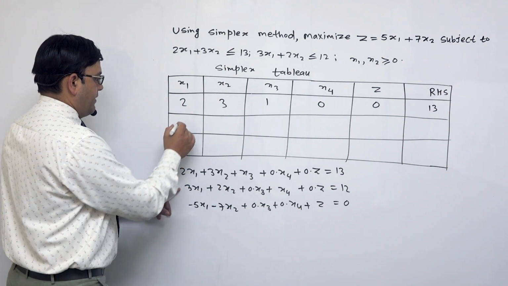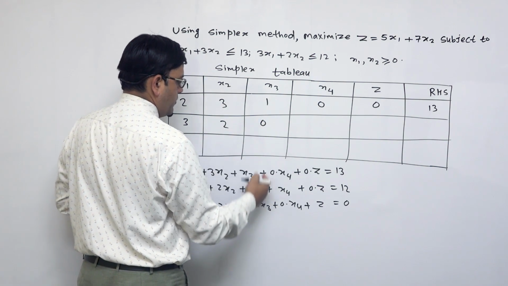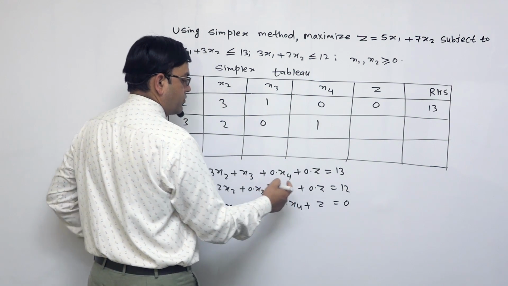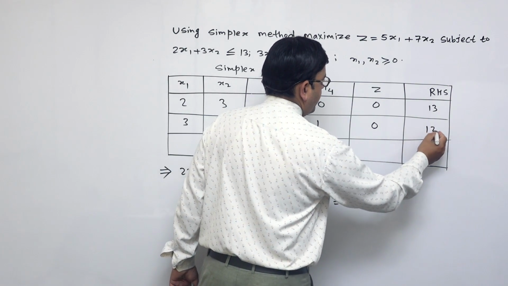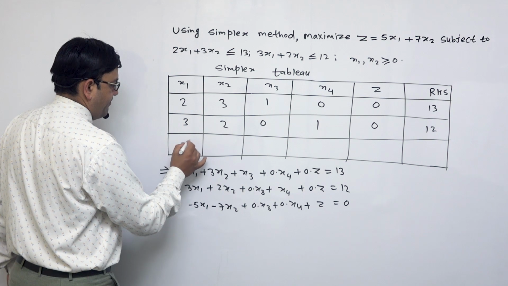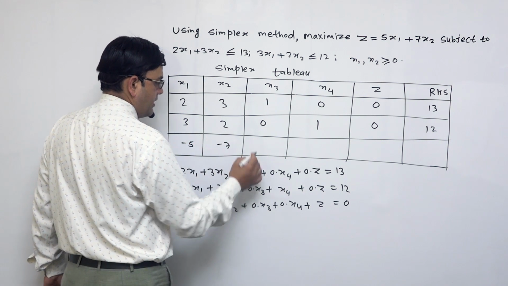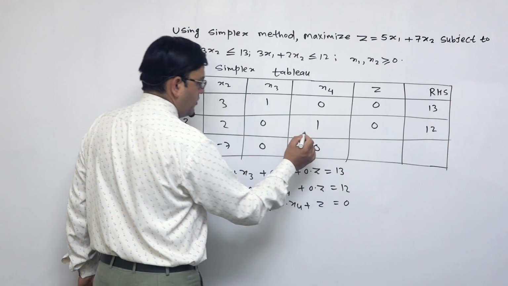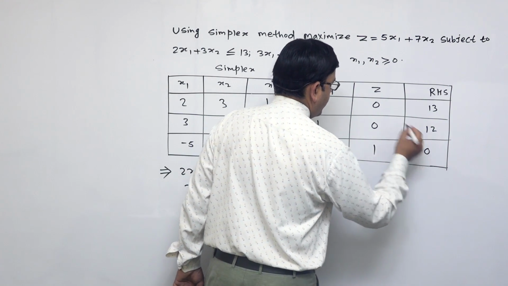Similarly here 3 and then 2, 0, and x4 coefficient is 1, and then z is 0 and then RHS is 12. Similarly we have here minus 5, minus 7 and then 0, 0, there is 1 and then here is 0.